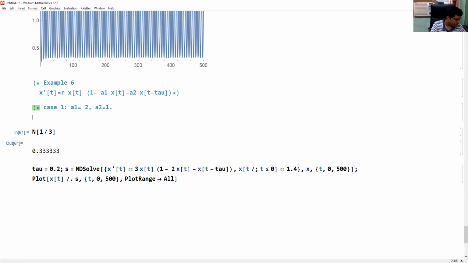Here a1 is bigger than a2, which means b is greater than a, and so this equilibrium, that is 1 by 3, is always asymptotically stable for any tau. Our result is that if we take any initial condition in the neighborhood of 1 by 3, we should get stable solutions. Let us see.